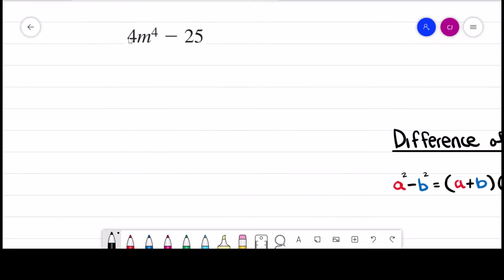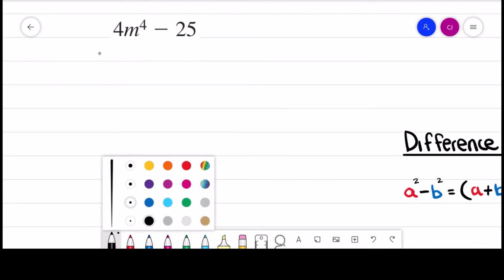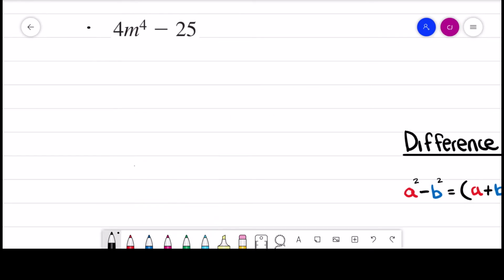I know that 4m to the fourth power minus 25, I can rewrite as 2 to the second. I took that 4 and wrote it as 2 to the second because it's 2 times 2.